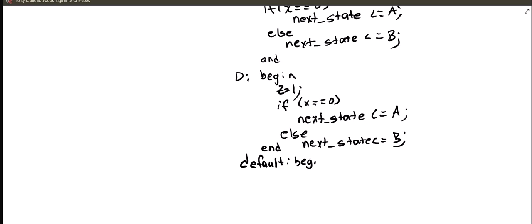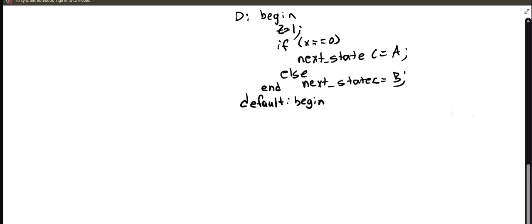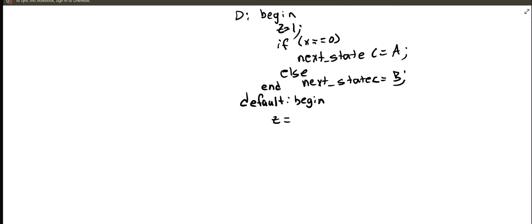So default begin. And I will let Z equal 1'bx, since it's 1 binary digit, and the lowercase x stands for don't care. So Z is a 1-bit don't care.